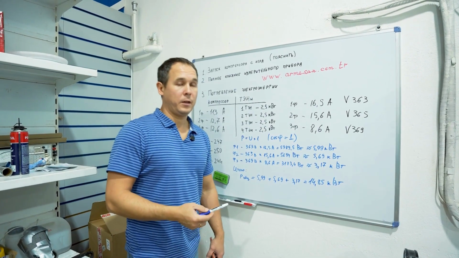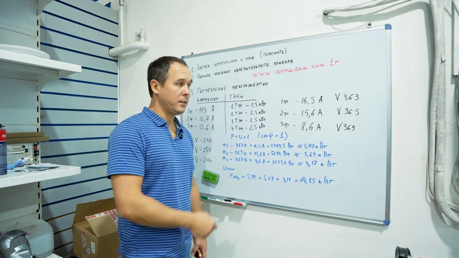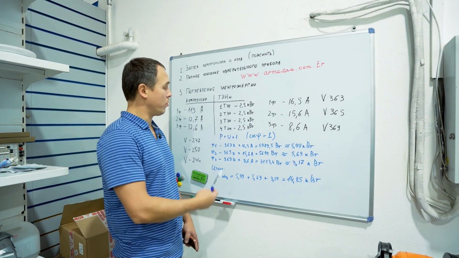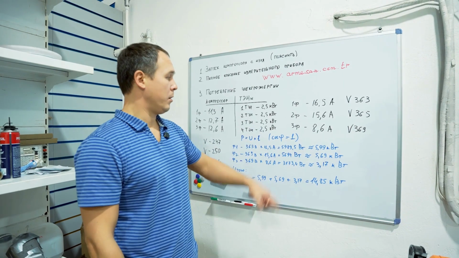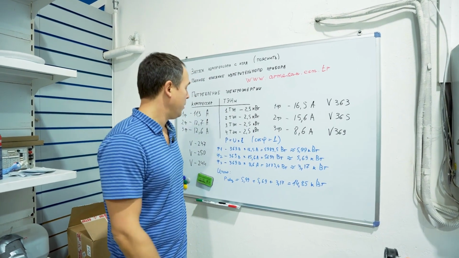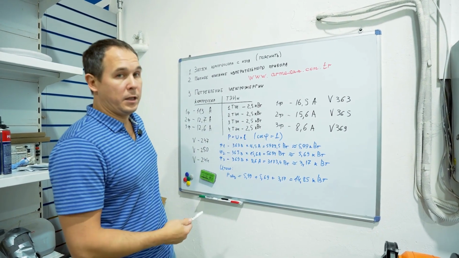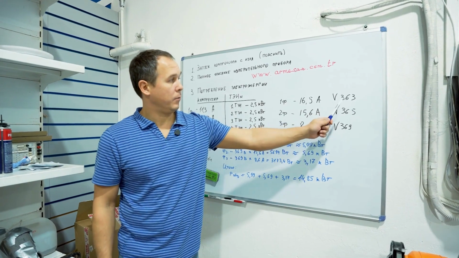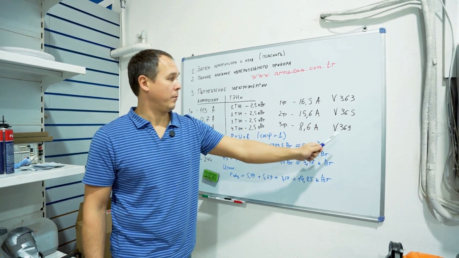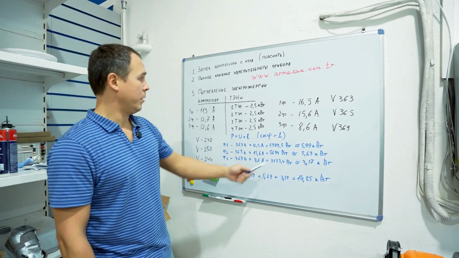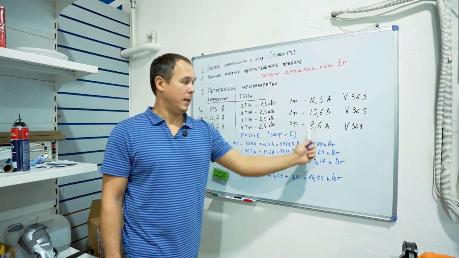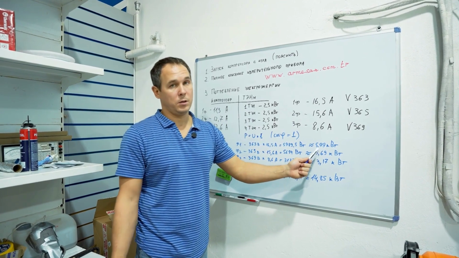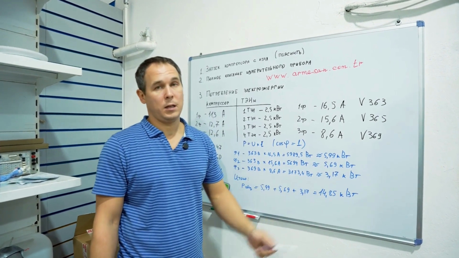Regarding the formula for the calculation of this load, we can apply a standard equation where the power P is exactly equal to U times I, under the condition that the cosine of phi is equal to 1. So we have the phase readings. First we take phase 1, then phase 2, and finally phase 3. We multiply each of these values by the total amperes to calculate the total number of watts, and as we know, we then need to convert the result, divide by 1,000, and get the kilowatts.